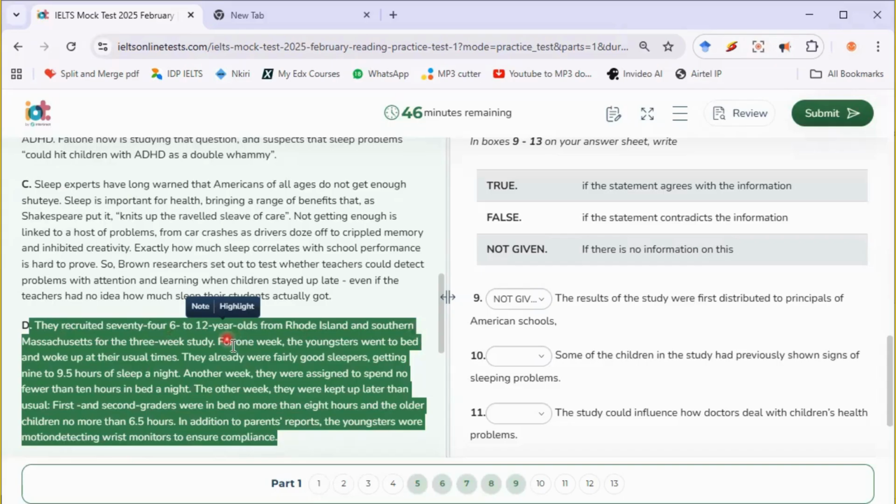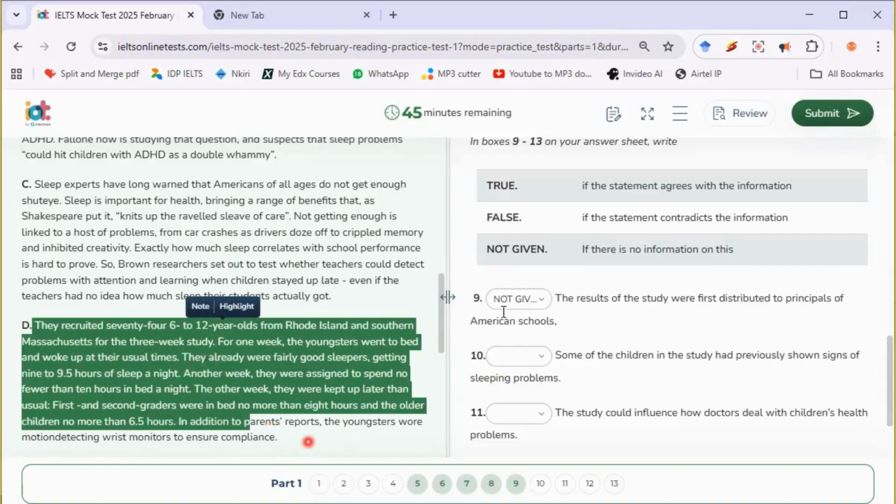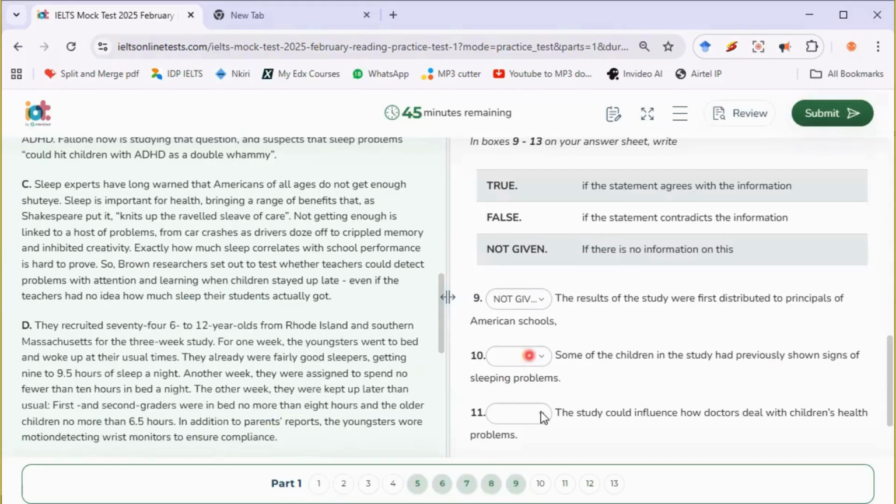For week 1, the youngsters went to bed. They were already fairly good sleepers, getting 9 to 9.5 hours of sleep. Another week, they were assigned to spend days. They didn't tell us whether they were showing signs of sleep problems. For this particular part, if I base my answer on this paragraph D, my answer would be not given.